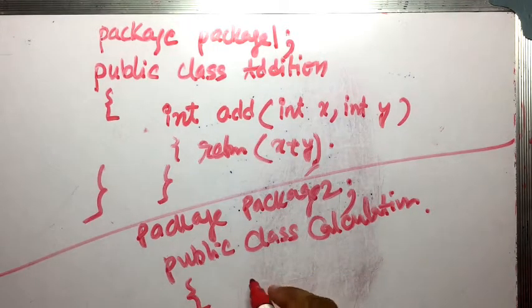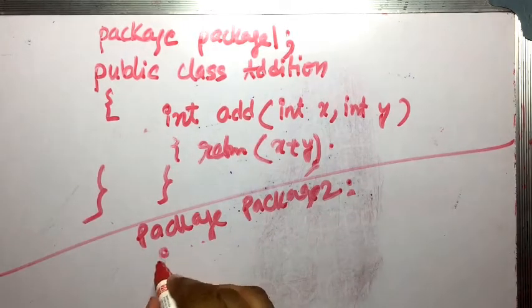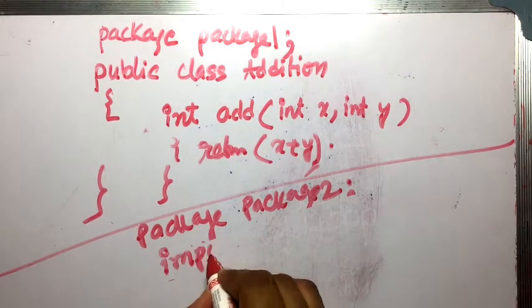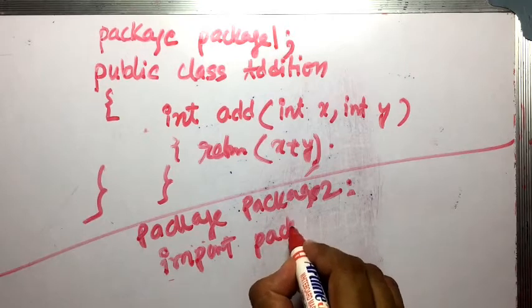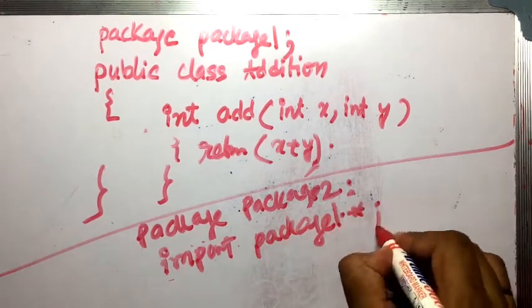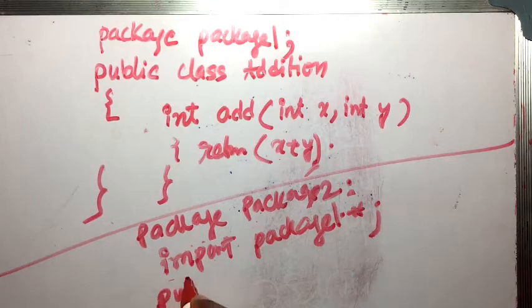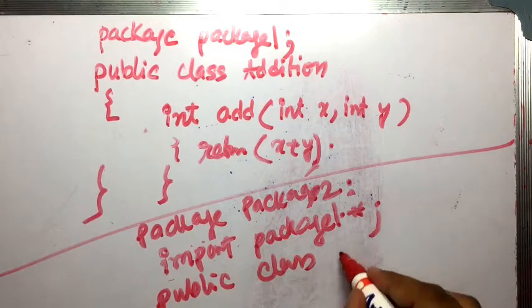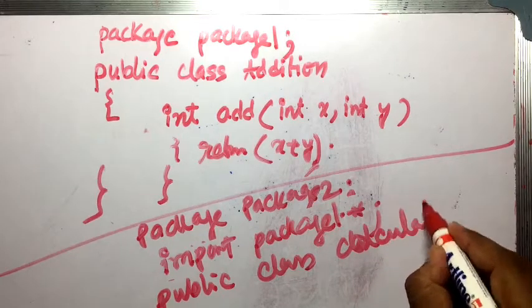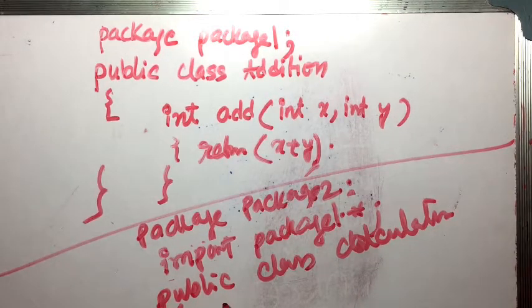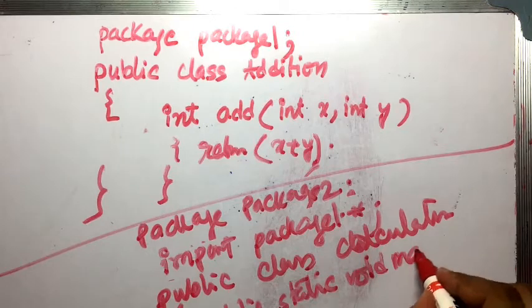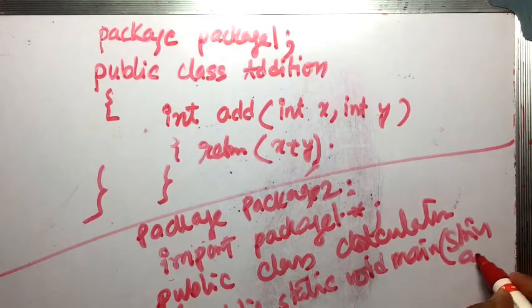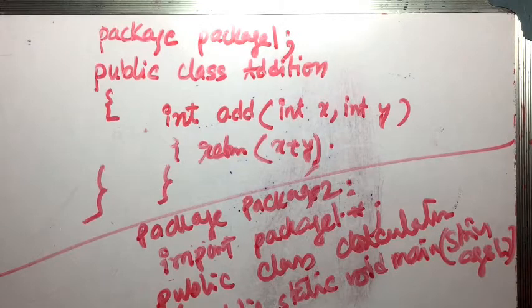Within the class, before accessing, we have to import package1.*. Now the public class Calculator, and within the class there is a public static void main, String args, and we are going to access the Addition class.